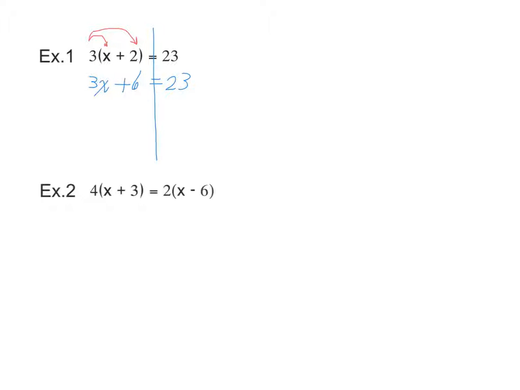I'm trying to think about undoing things away from x. So I'll subtract 6 first. And then divide by 3. So in this first one, x equals 17/3.